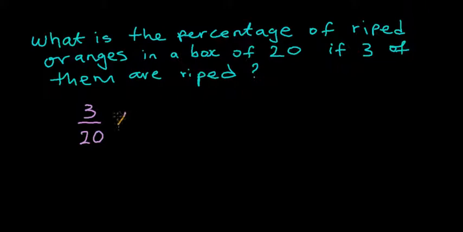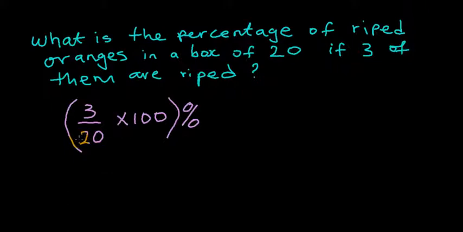You multiply that by 100, then you open a bracket, close it, and put the percentage sign. Then you work it out.